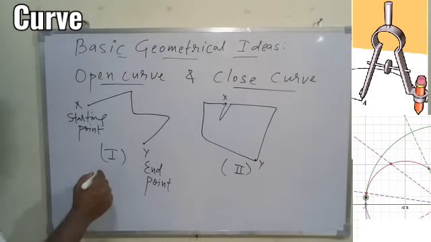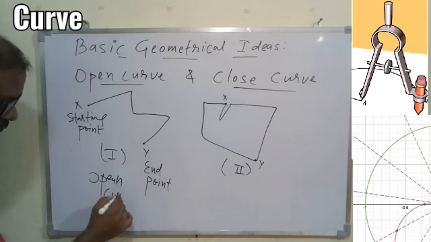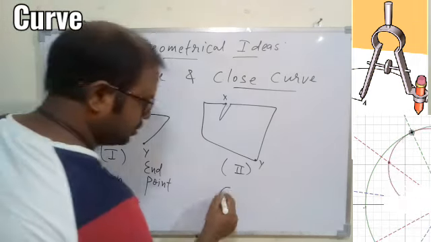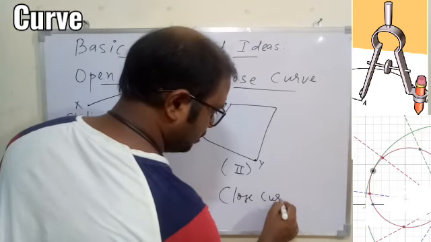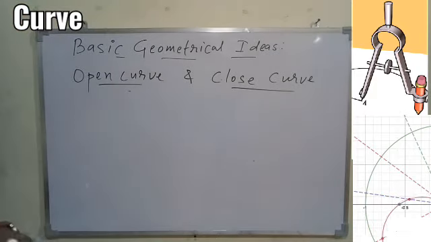So this is your open curve and this is your closed curve. I hope you understood the meaning of open and closed curve.